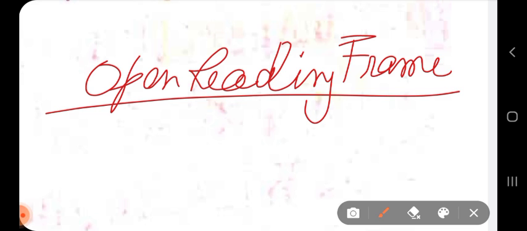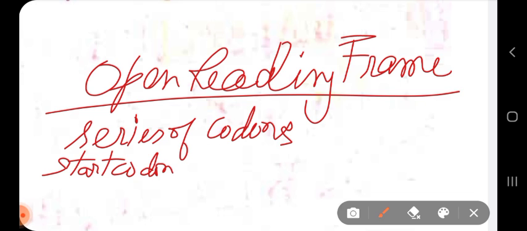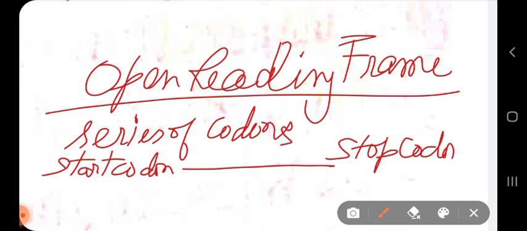So open reading frames are actually a series of codons that code for amino acids and never overlap, and that series of codons begins from the start codon and ends at the stop codon. Now how can you know where the start codon is and where the stop codon is? The start codon always begins with AUG in the case of eukaryotes, or GUG.